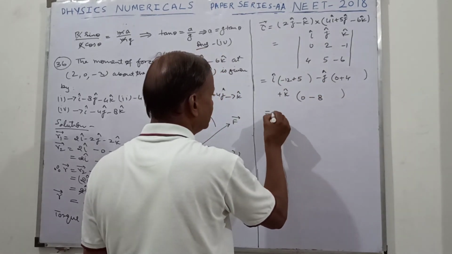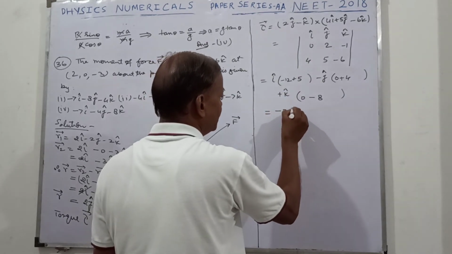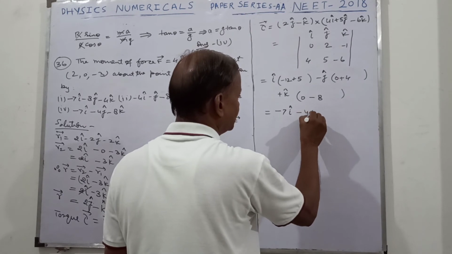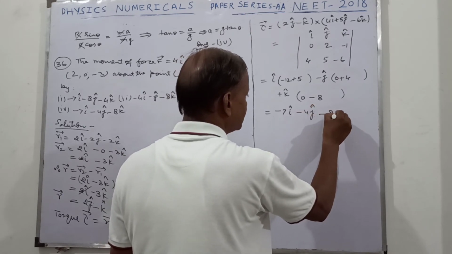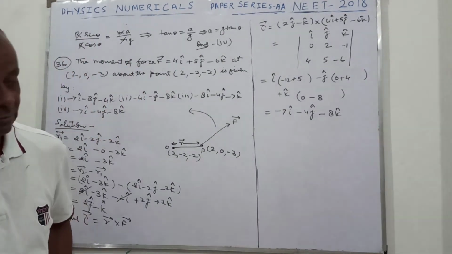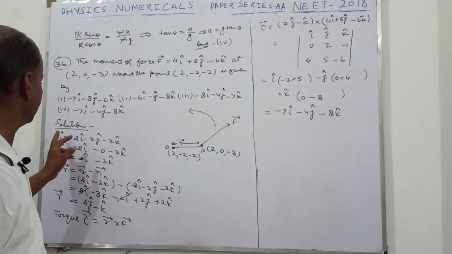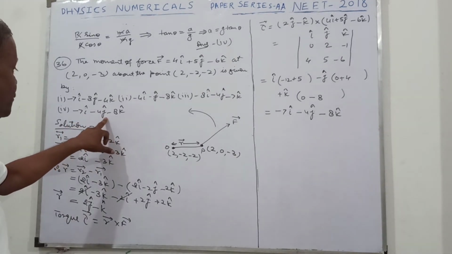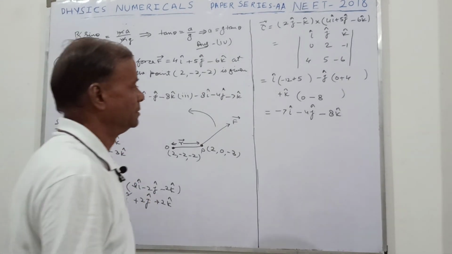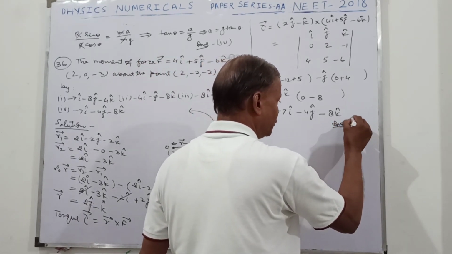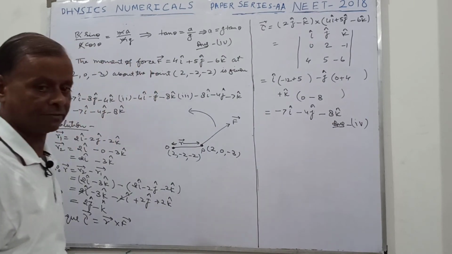So we have minus 7i minus 4j and minus 8k. This is the torque. So our option is the fourth one: minus 7i minus 4j minus 8k. Option 4 is the right answer.